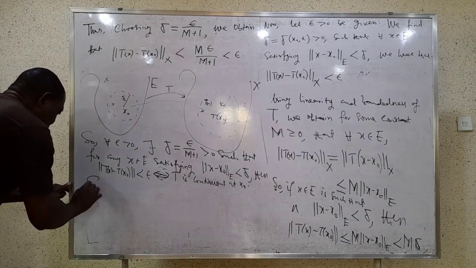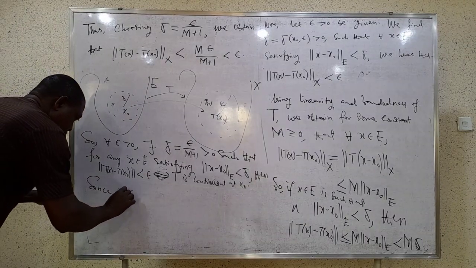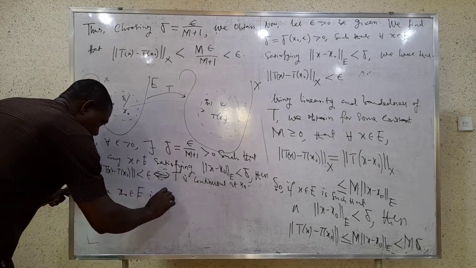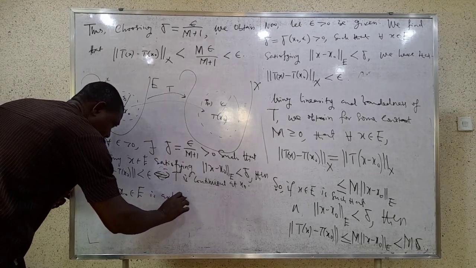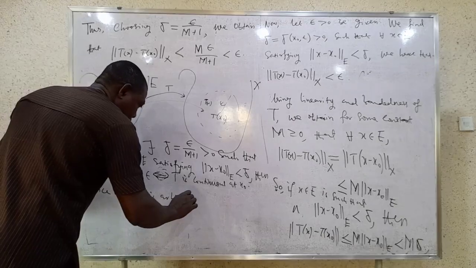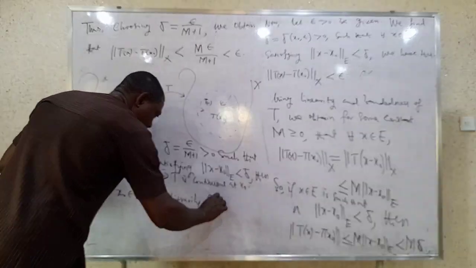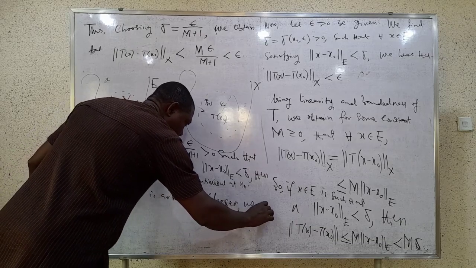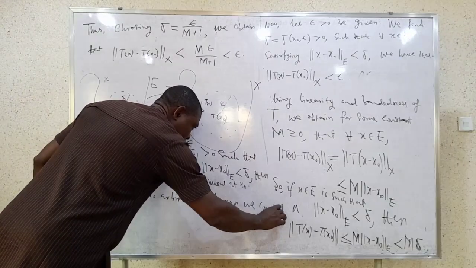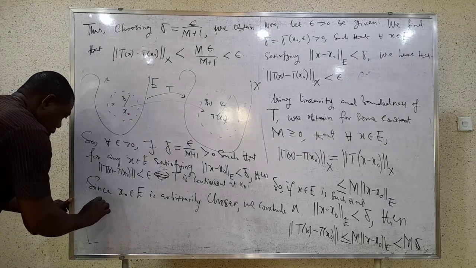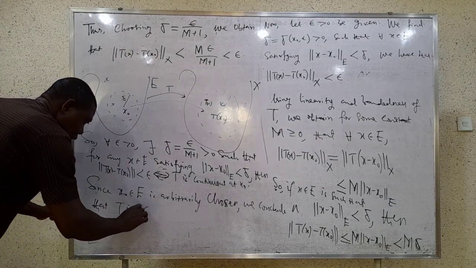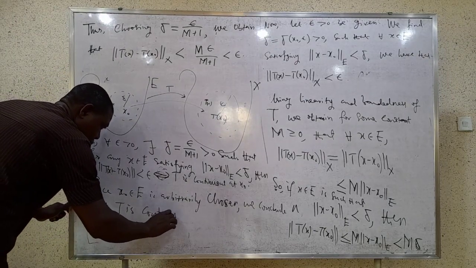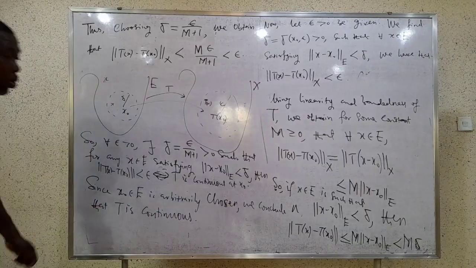And since x naught in A is arbitrarily chosen, we conclude that T is continuous.